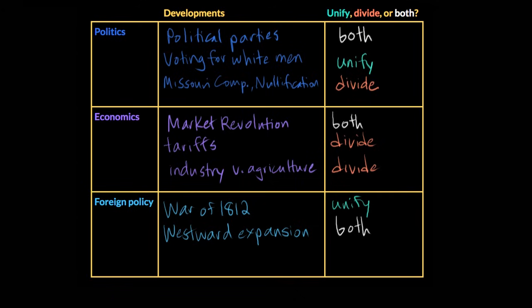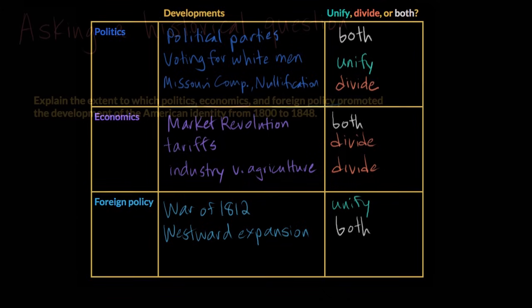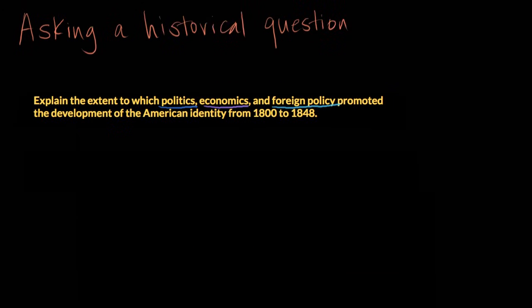So, based on the evidence we've gathered here, let's see if we can formulate a thesis statement to answer this question. The prompt is asking us to evaluate the extent to which developments in politics, economics, and foreign policy promoted the development of an American identity. So I think that we want to approach this not as an either-or or a yes-no question, but rather a question of degree.